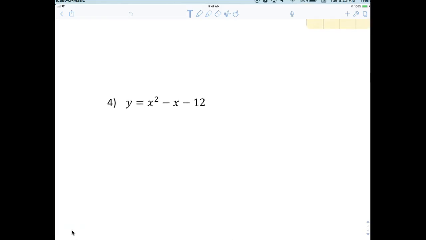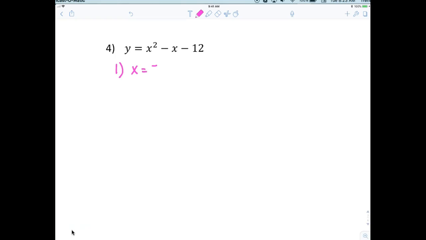For question number 4, step number 1. The reason why this one's a little bit harder is because there's a fraction involved. So let's see what we got here. Number 1, x equals -b over 2a. Now don't forget, y equals ax squared plus bx plus c.